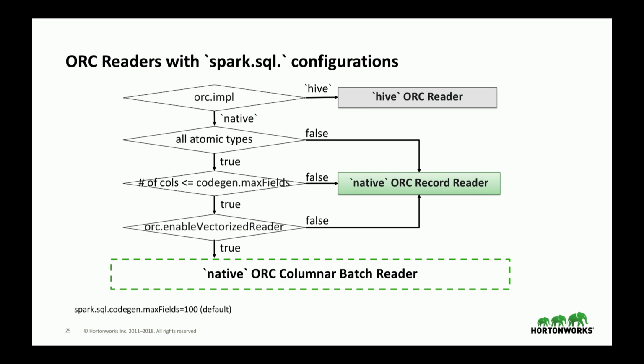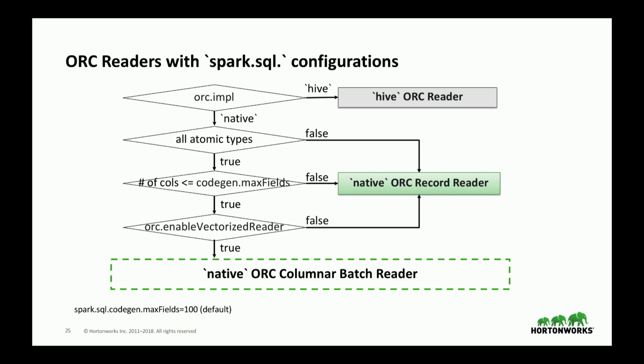So if some column is a complex, non-atomic type, it goes to the native ORC record reader. And also if the table is very wide, it goes to the native ORC reader. And also there is an explicit configuration: you can turn off the vectorized reader completely. In that case, it also goes to the native reader path.